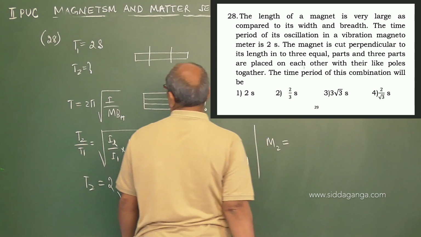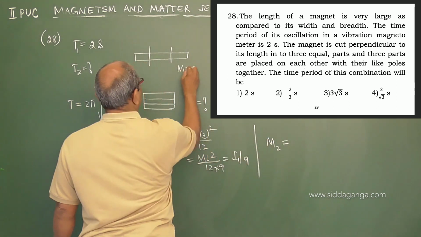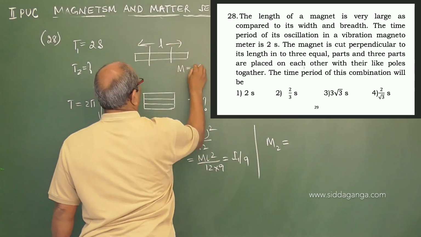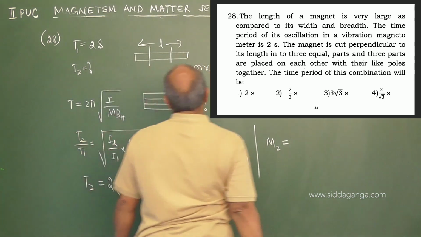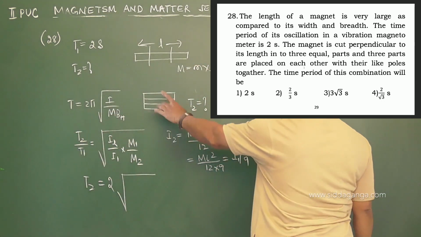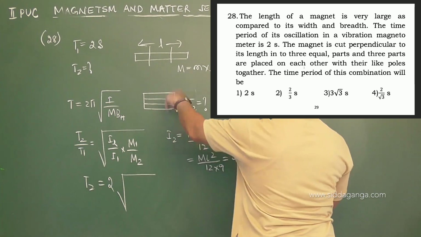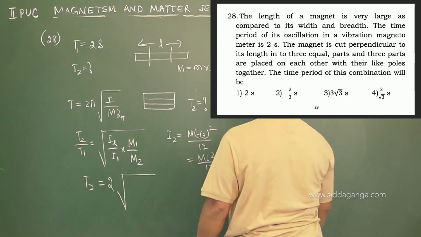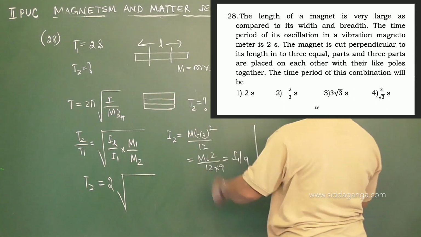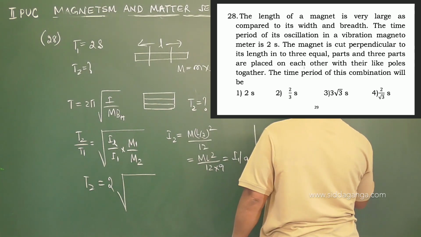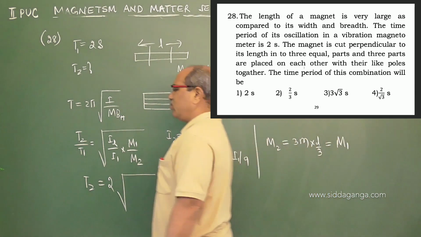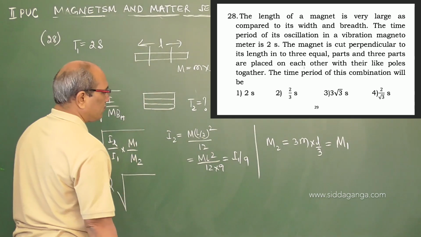Similarly, M2 is required. The moment M is pole strength into L. But when they are clubbed together, the area of cross section increased, pole strength increased 3 times, length decreased 3 times, thereby the moment remains the same. No change in the moment at all.